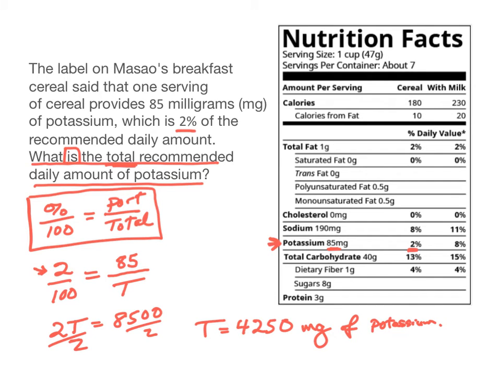Okay. So does that make sense? Because 85 milligrams is a really small percent. So the total amount would be so many times larger. Yeah, I think that makes sense. Like 50 times larger. Okay.